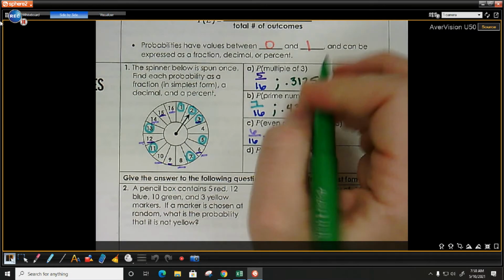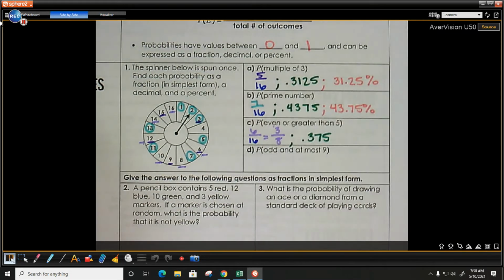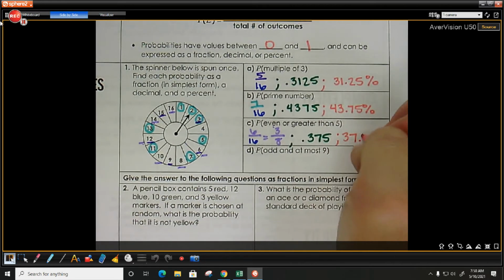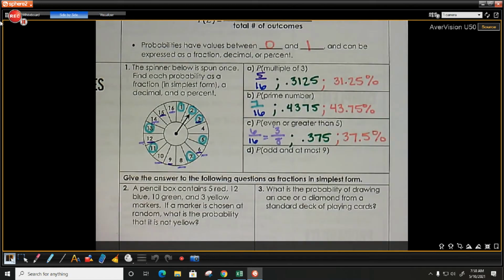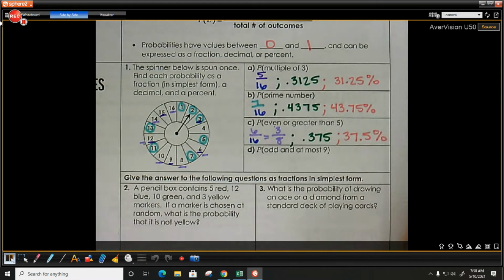What is it as a decimal? 0.375. 37.5%. Okay? And then an odd number at most 9. Okay, so we're looking for odd numbers, but the most could be 9. So starting with 1, is 1 odd? Is 2 odd?